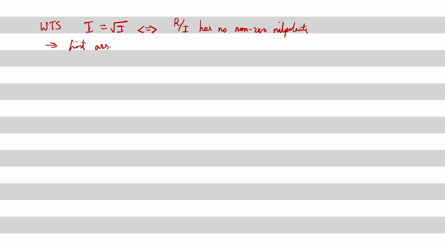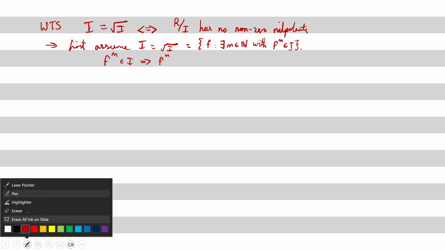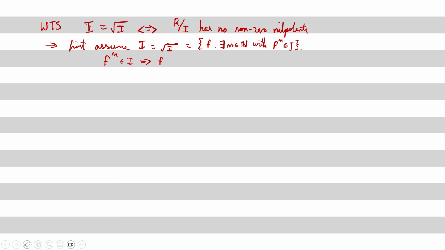First, assume I equals the square root of I, equals the set of f such that there exists an m in the natural numbers with f to the m in I, i.e. f to the m in I implies f is in I. Not implies f to the m is in I, that's an equivalence.